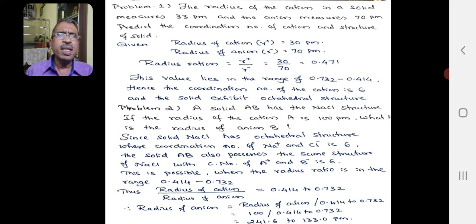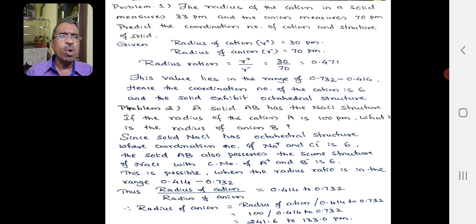Since the solid NaCl has octahedral structure where the coordination number of sodium ion and chloride ion is 6, the solid AB also possesses the same structure as sodium chloride with coordination number of A plus and B minus being 6. This is possible when the radius ratio is in the range 0.414 to 0.732.